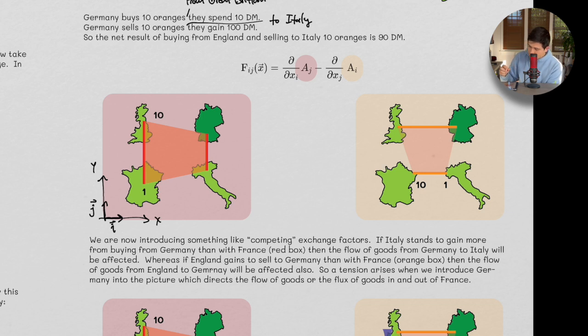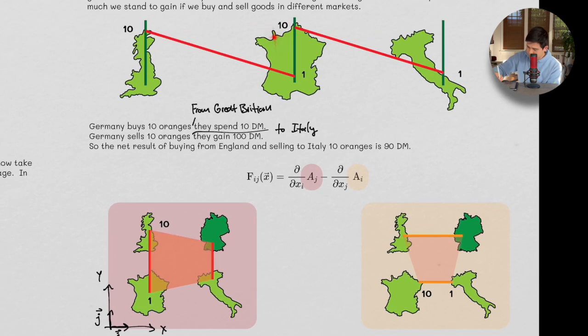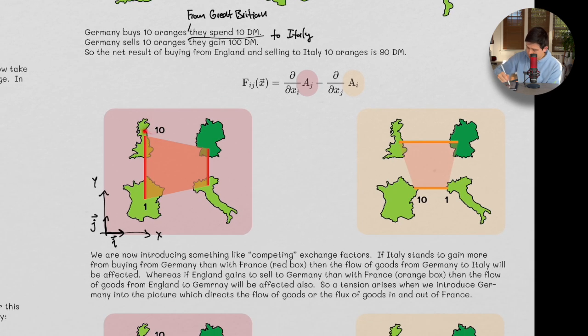And so what I've done here is I've said, okay, here's Germany, and the ratio again is 1 to 10 for Great Britain. So 1 to 10 for Great Britain.